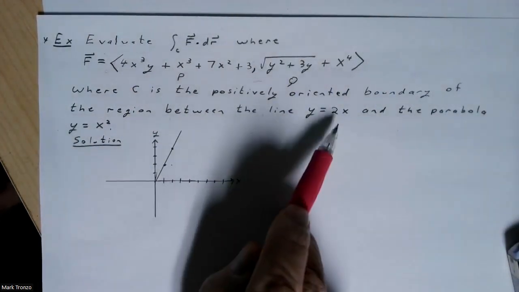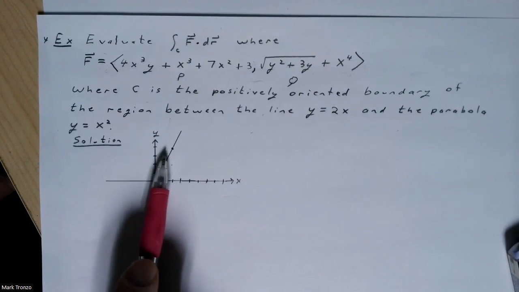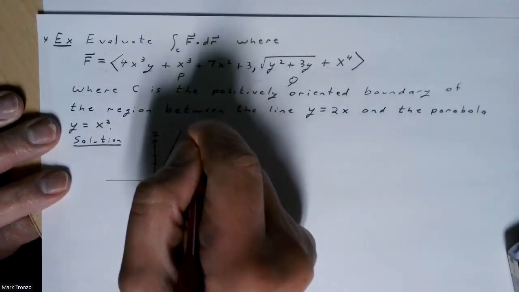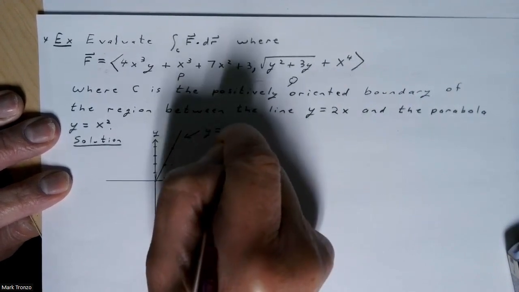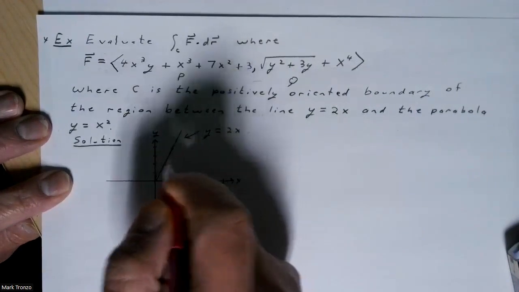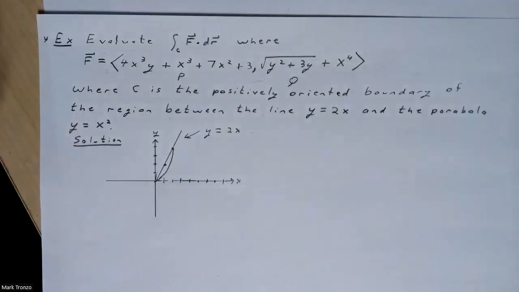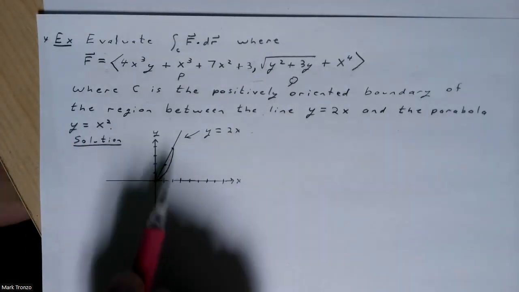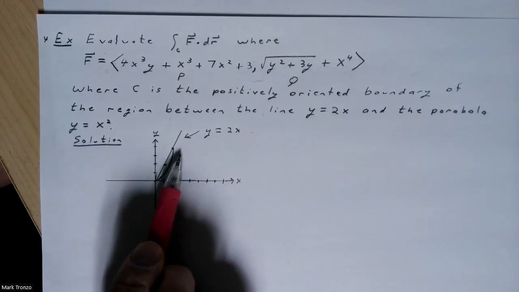Again, the line has a slope of 2, so it's 2 up over 1, 2 up over 1. So this is going to be the line y equals 2x. And of course, the parabola will go up like that. And notice that they intersect at x equals 2, y equals 4.